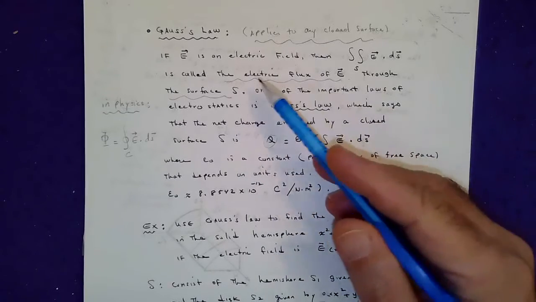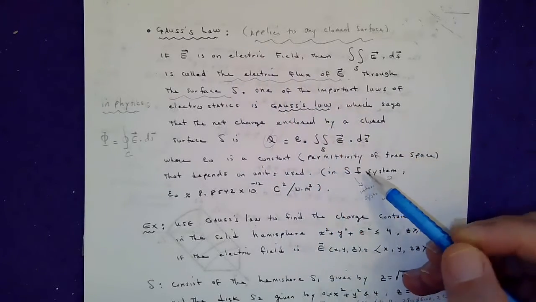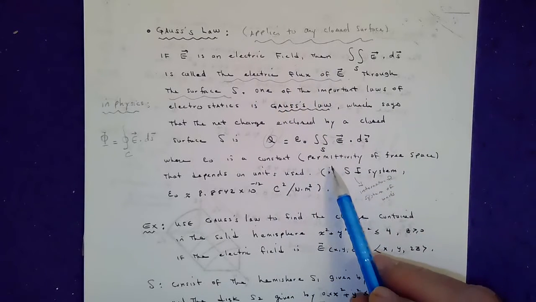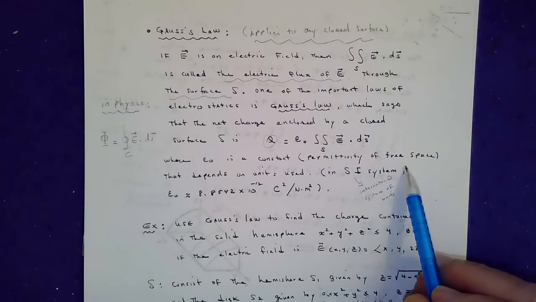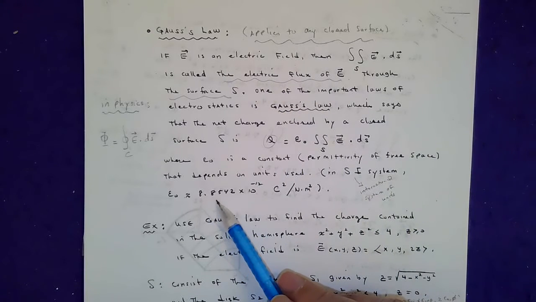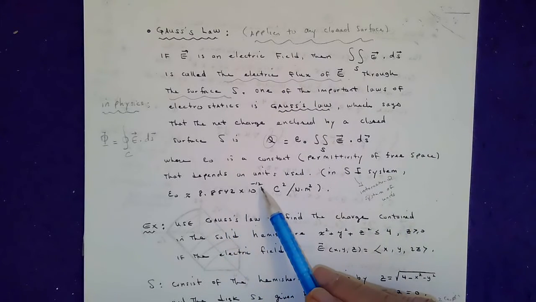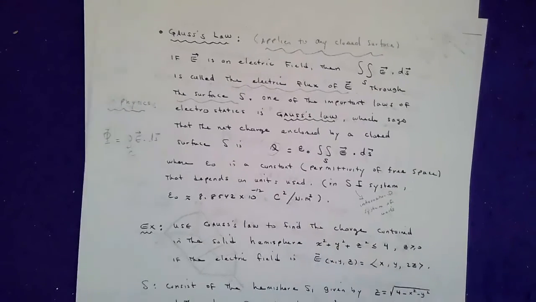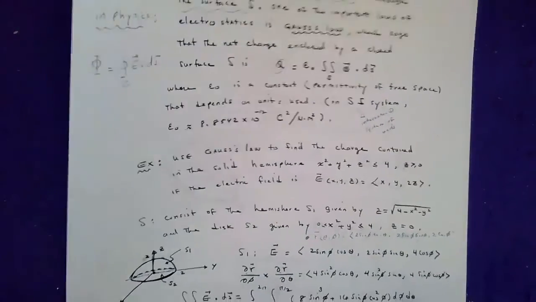In this case, your vector field is the electric field. And epsilon 0 is called the permittivity of free space, which in the SI system, the International System of Units, is 8.8542 times 10 to the power of negative 12 coulomb squared per newton meter squared.